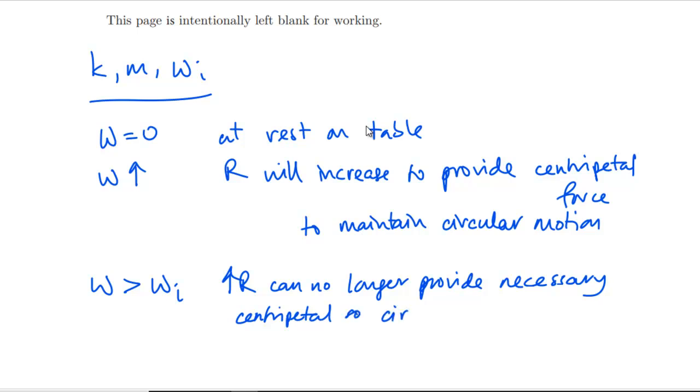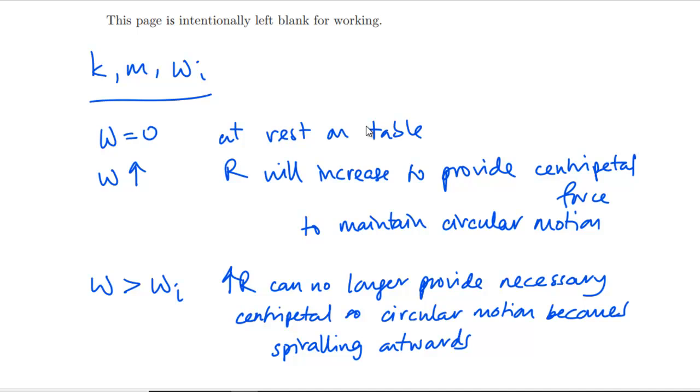So circular motion stops. It will spiral out. Circular motion becomes spiraling outwards, which is what it's doing anyway. It has no stable. Yeah, I suppose this is the thing: if you've got some value of omega which is fixed, it will be stable for a fixed omega.